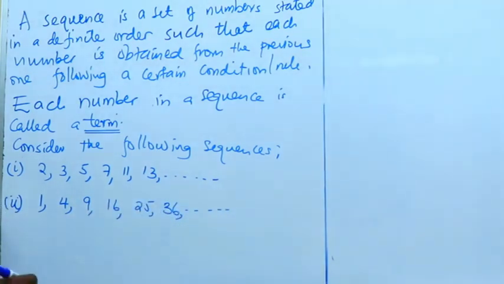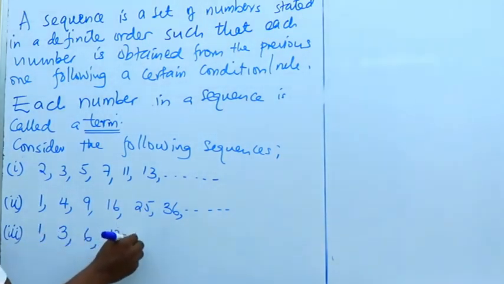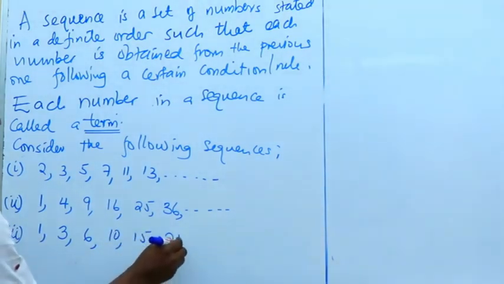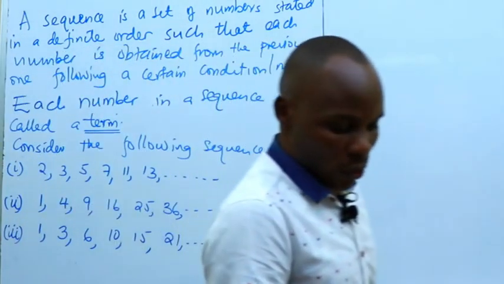Roman 3 can also have 1, 3, 6, 10, 15, 21, and so on.